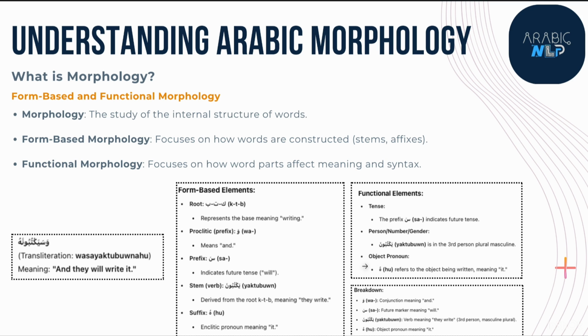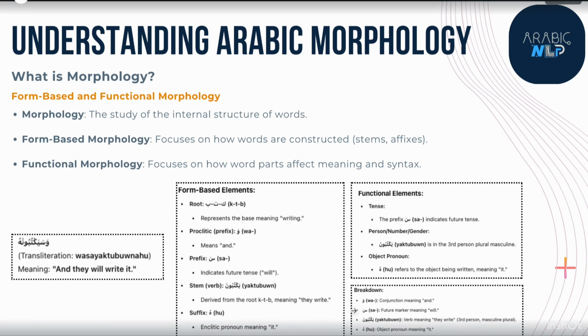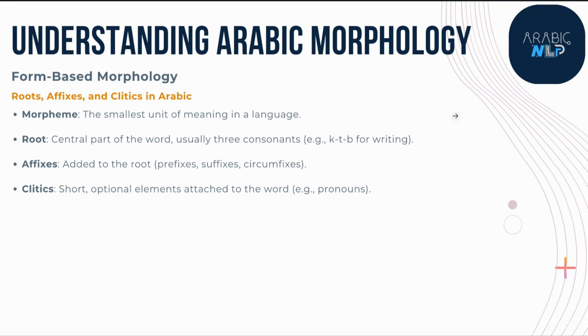And lastly we have the object, which refers to the object being written, meaning "it." For example, "they write the book." The book is "it," and we represent it using the hu. You can see here the breakdown, where we have the "and," the "will," the "it," and the verb. So this is simple.